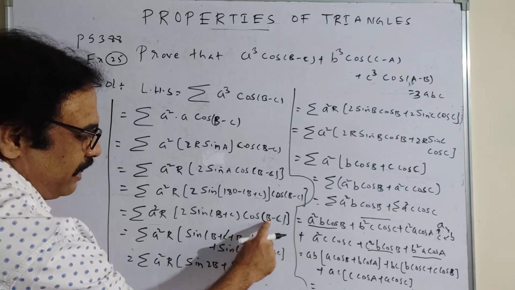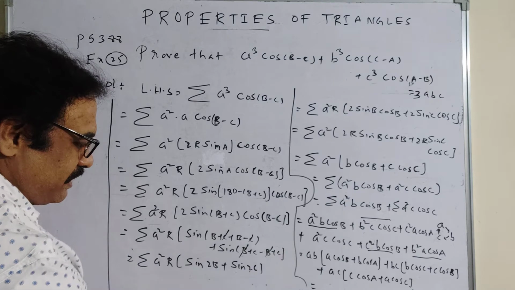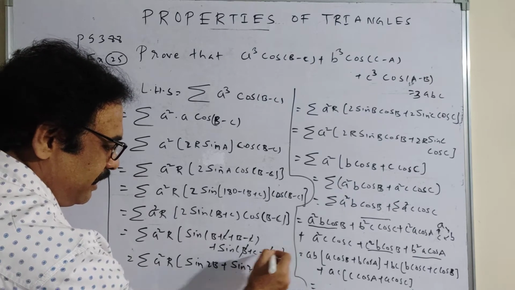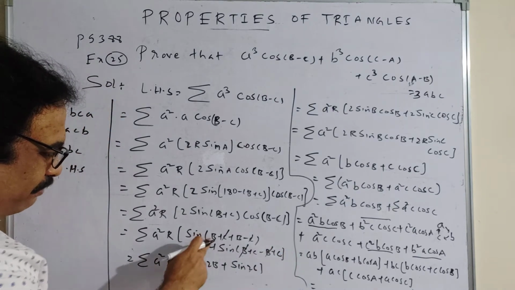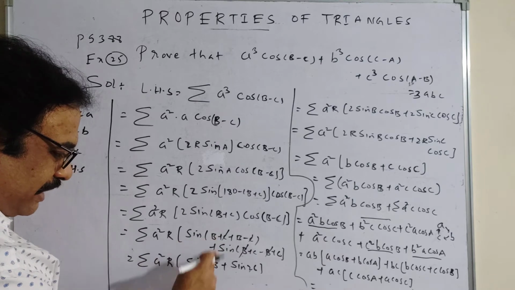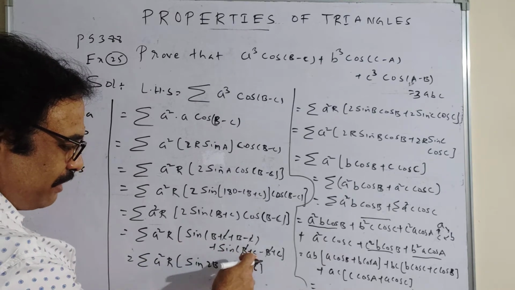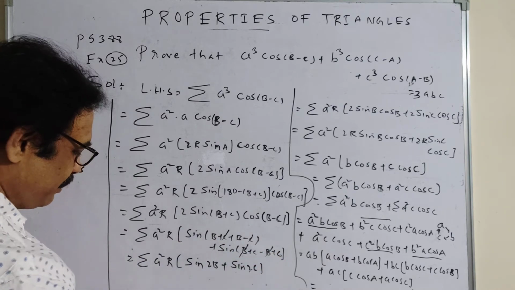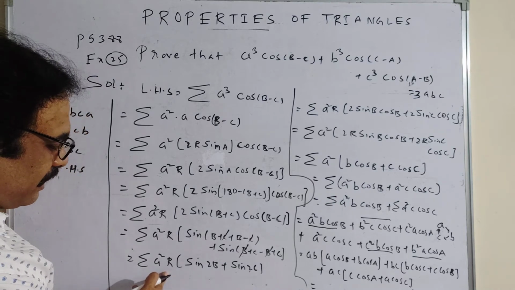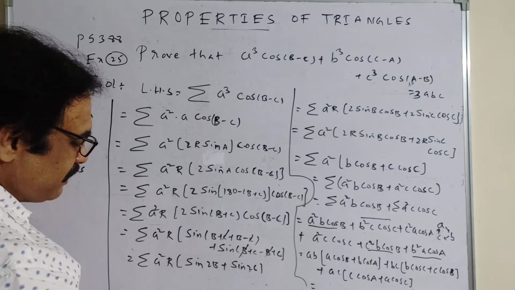Upon multiplying with minus, you are getting plus c, and this is the area you need to observe. Now here b plus b you are getting 2b, that is sine 2b, and c plus c, you are getting sine 2c. So summation of a square R into sine 2b plus sine 2c.